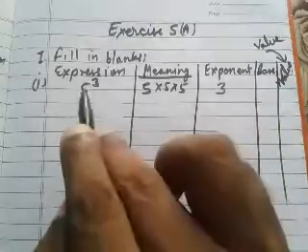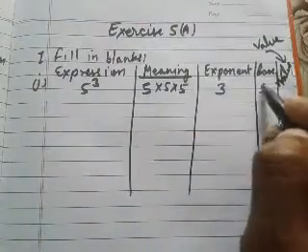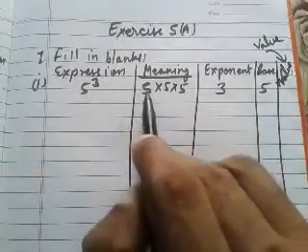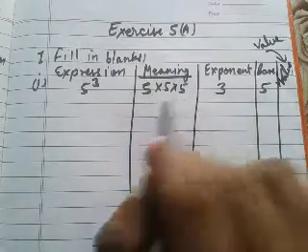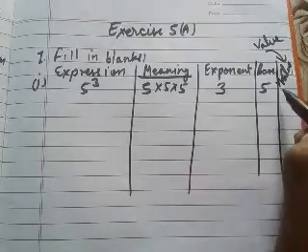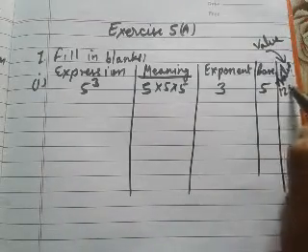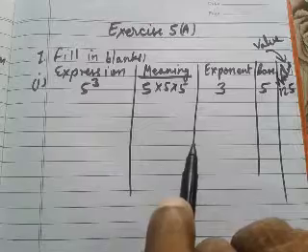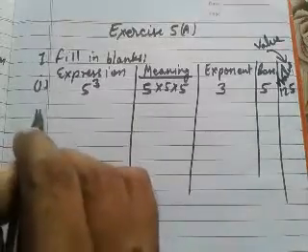So the exponent is 3 and the base is 5. And what is its value? Multiply 5 three times: 5 5s are 25 and 25 5s are 125. So its value is 125.